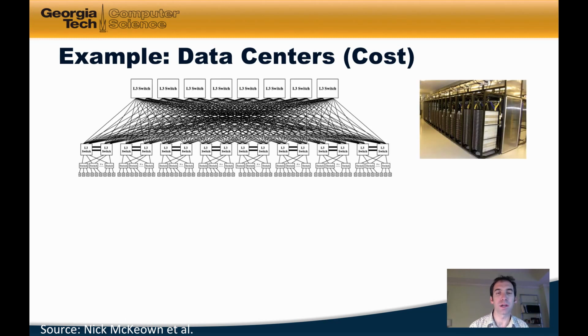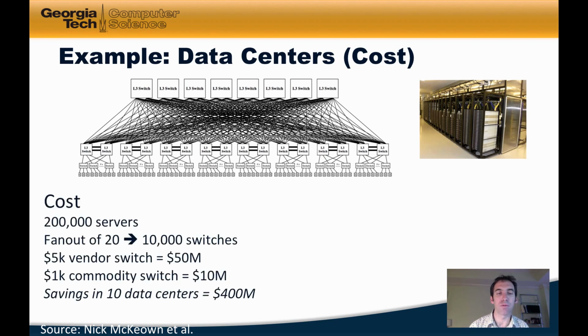Looking at a typical data center with about 20,000 servers and a fan out of 20 in the data center topology, we see that the requirement to support this topology is about 10,000 switches.